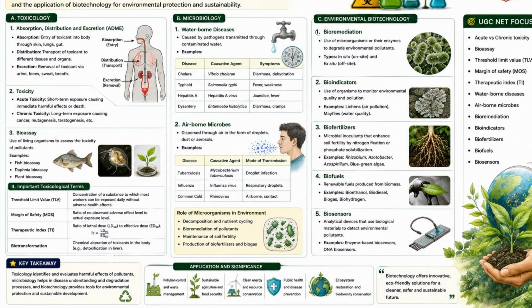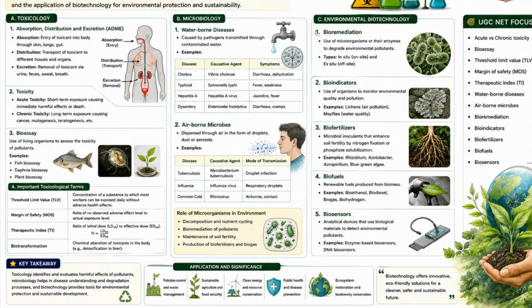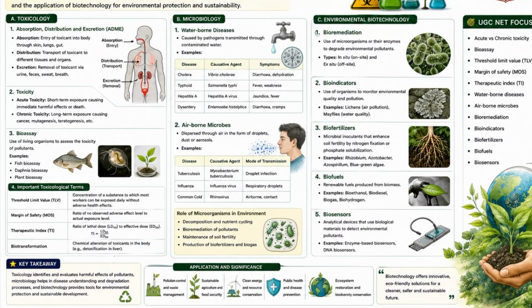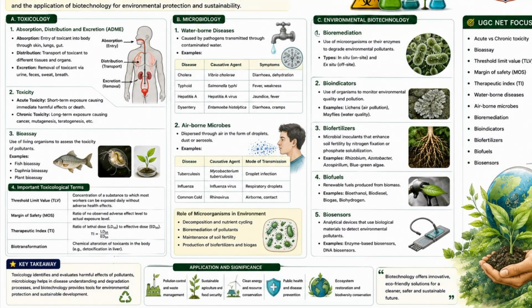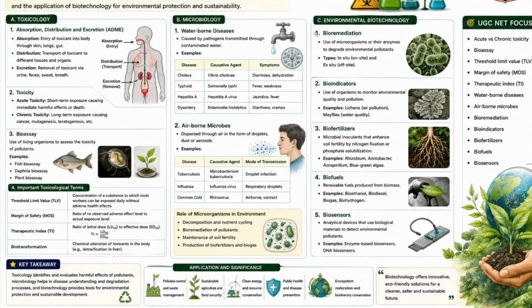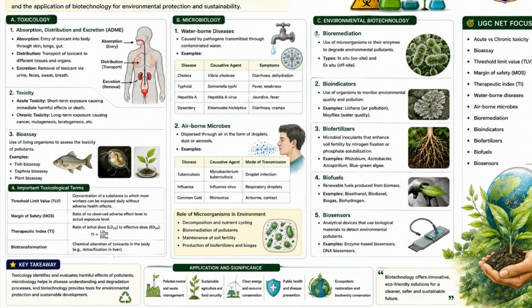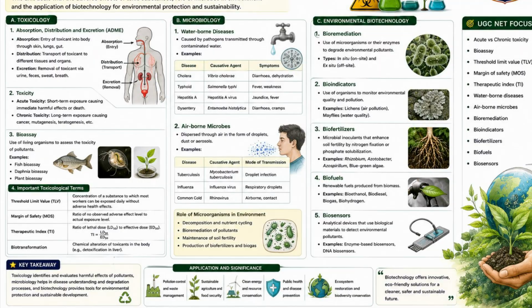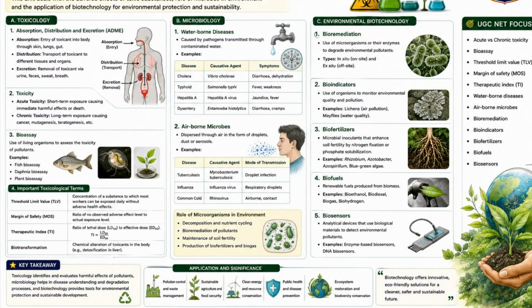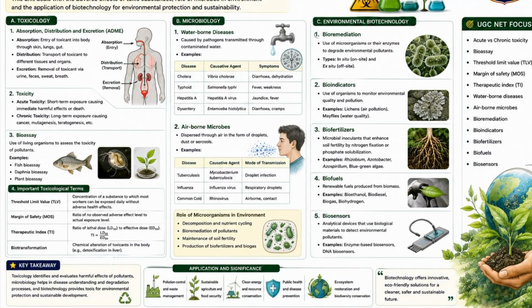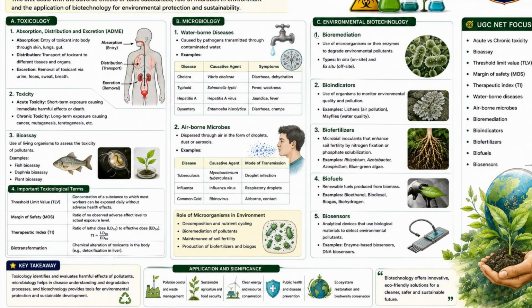The process through which toxic substances move within the body is often referred to as ADME, which stands for absorption, distribution, metabolism, and excretion. Absorption is the process by which toxic substances enter the body through the respiratory tract, digestive system, or skin.